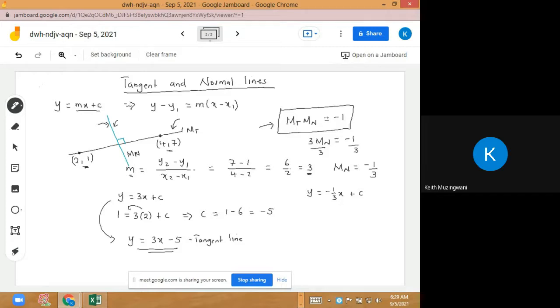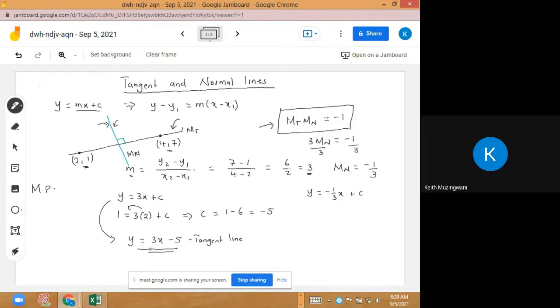Now you're looking for c. When you're looking for c, remember the normal line is not passing through these points for the line. It's passing through the middle of these 2 points. So you can get the midpoint.